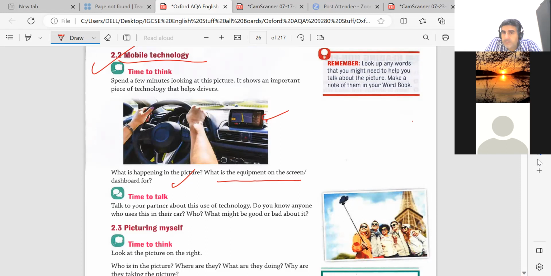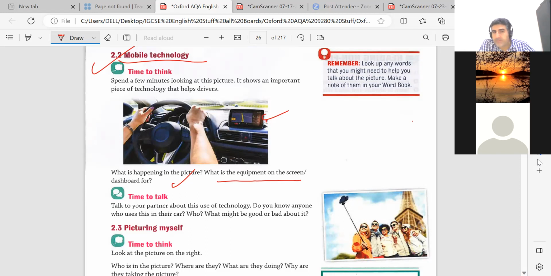However, it might distract you from driving and may cause an accident. So it depends on how you use the modern technology. It may cause you harm or may cause you advantage.